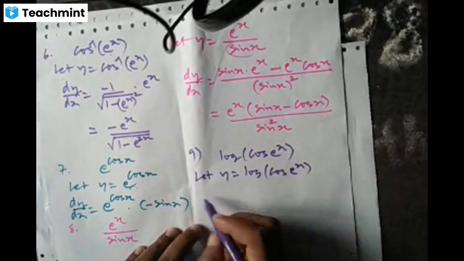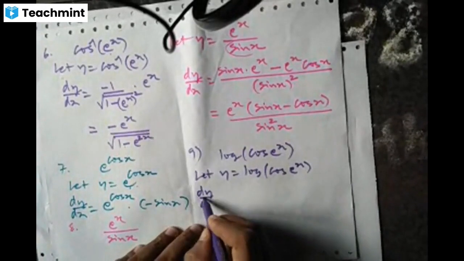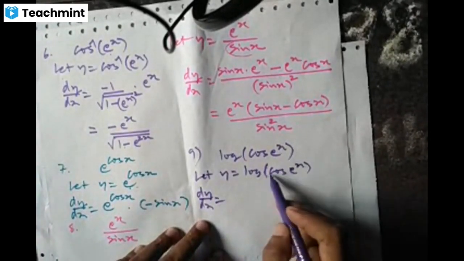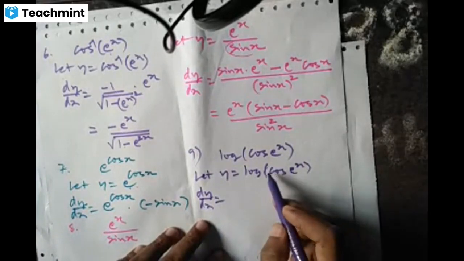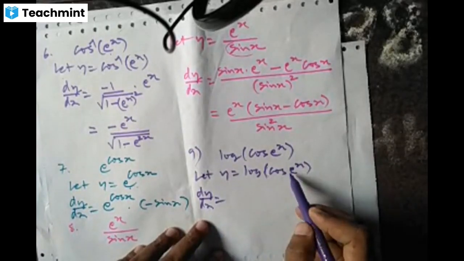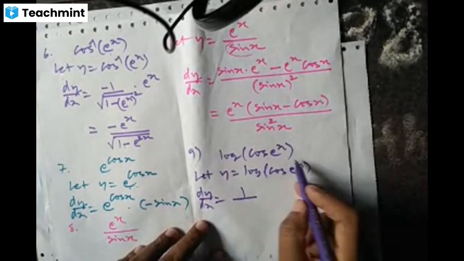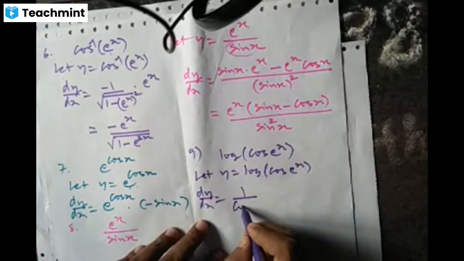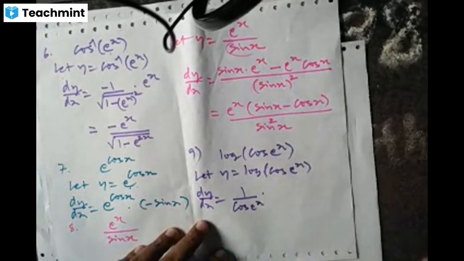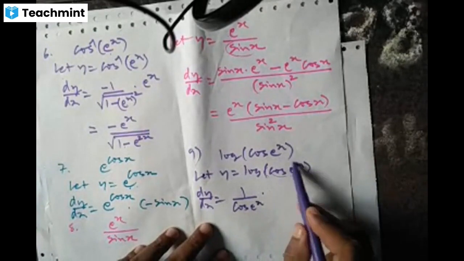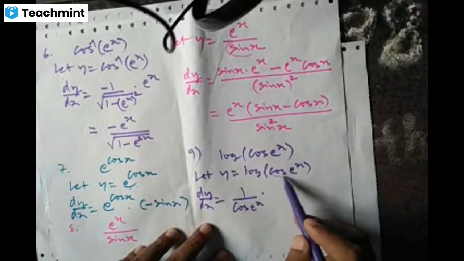Okay, so then dy by dx is equal to, you just assume this bracket as a single variable u. Derivative of log u with respect to u is 1 by u, right? So 1 by u. What is our u? Our u is this bracket, cos of e^x, into, next, d by dx of this function. Again this is a composition of two functions.